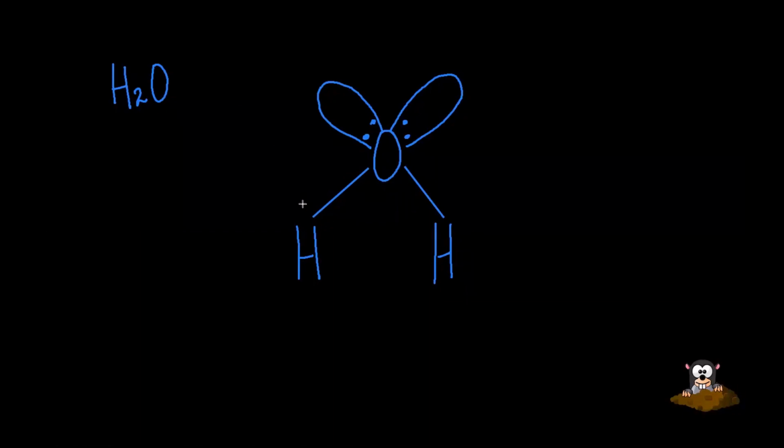Again, we know that the dipoles are going to be pointing towards the most electronegative atom. In this bond, we have oxygen and hydrogen. Oxygen is more electronegative, and therefore the dipole will be pointing towards it. Looking at the other bond, we also have the same bond, so the dipole is going to be pointing towards oxygen. Because oxygen is more electronegative, we know that the electrons in this covalent bond are going to be attracted to it.